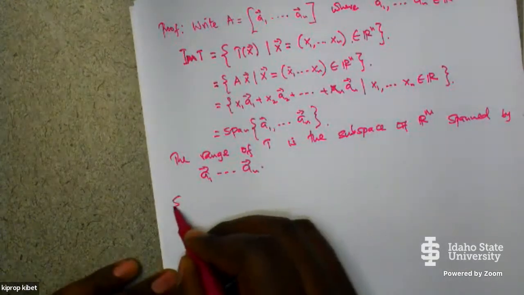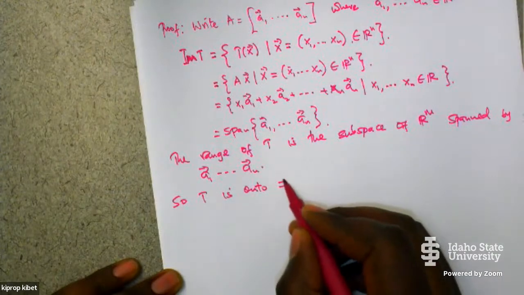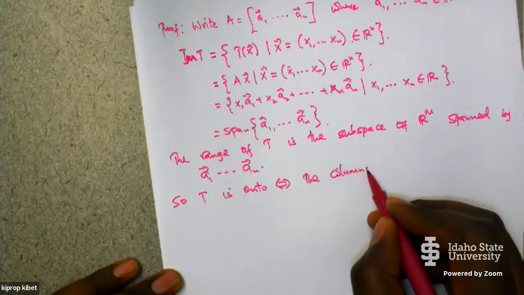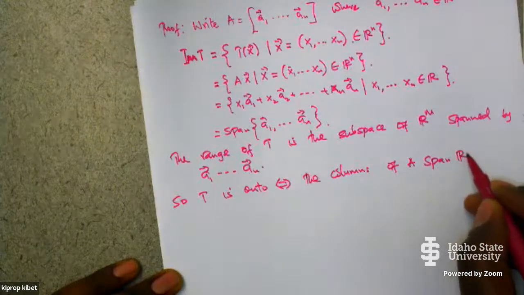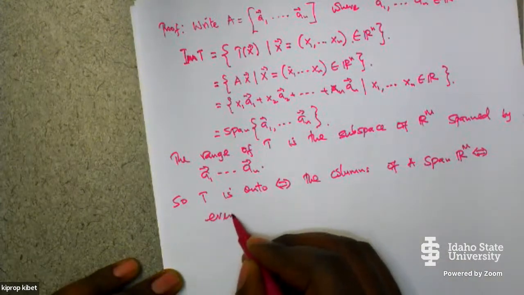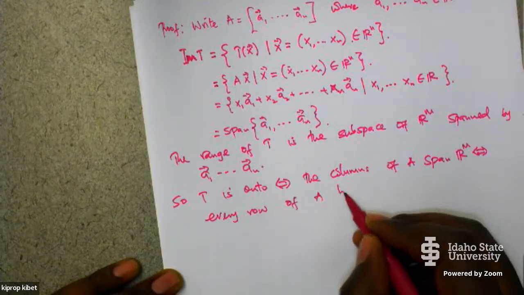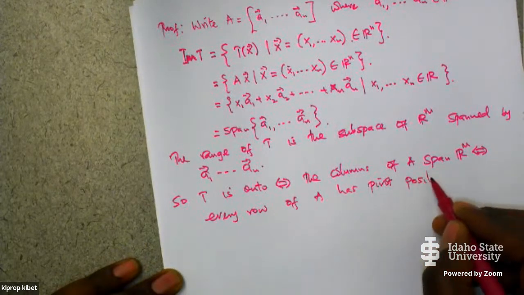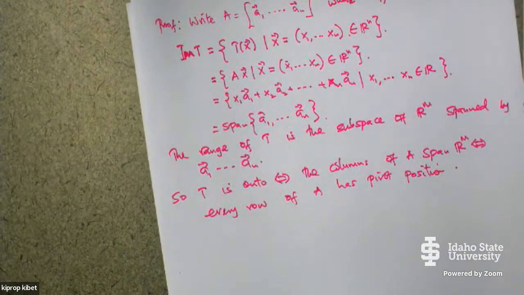And so T is onto if and only if the columns of A span Rm, also every row of A has a pivot position.